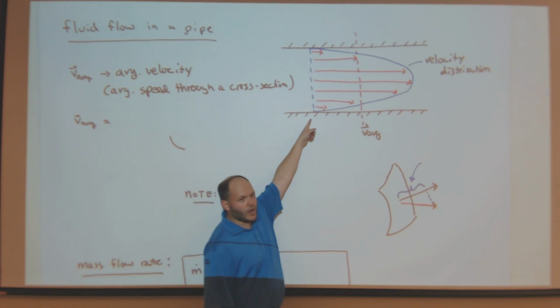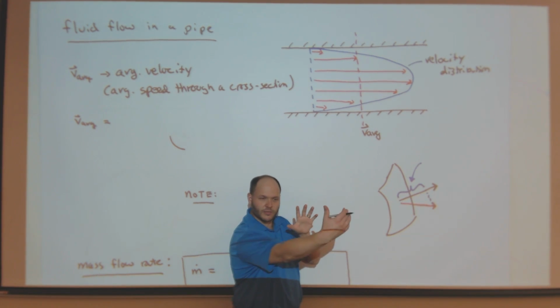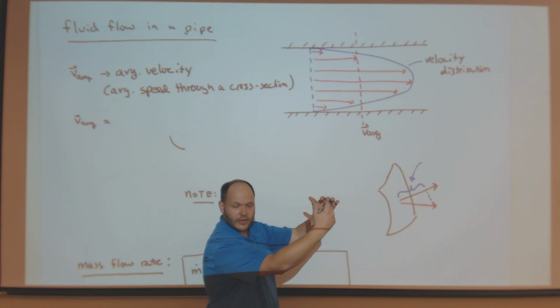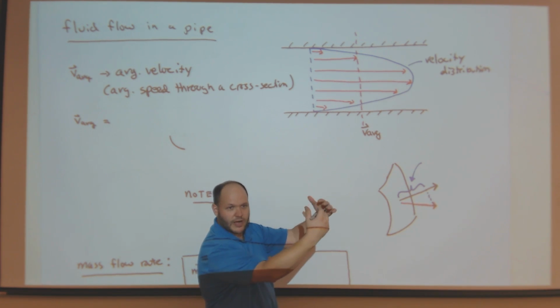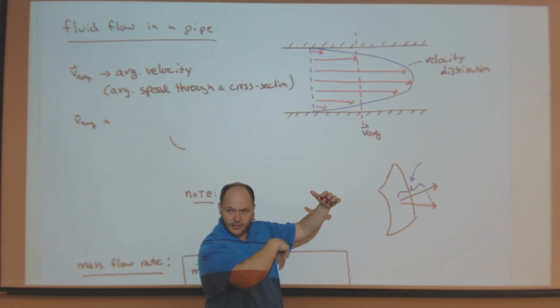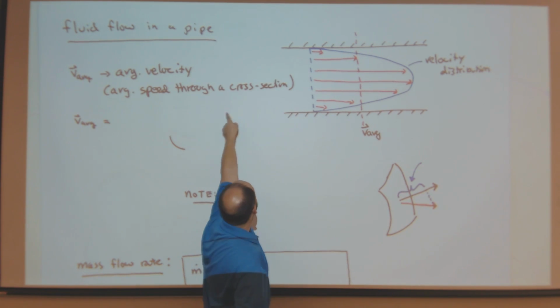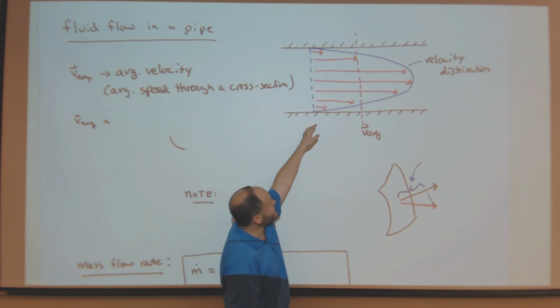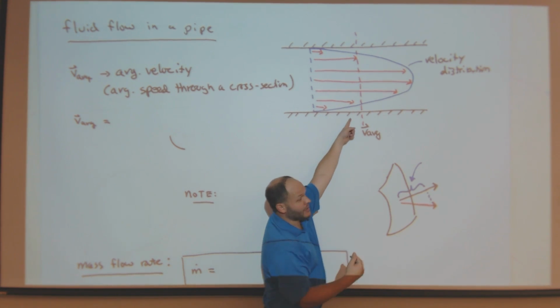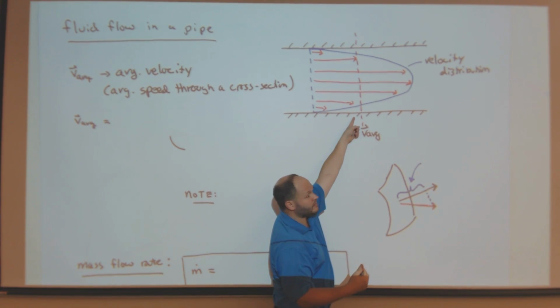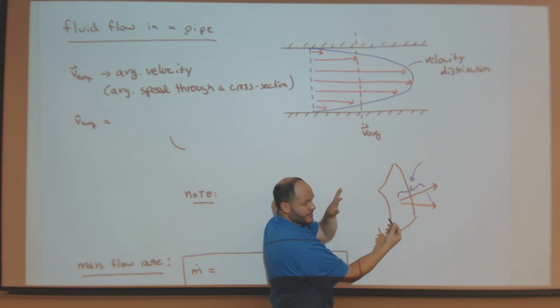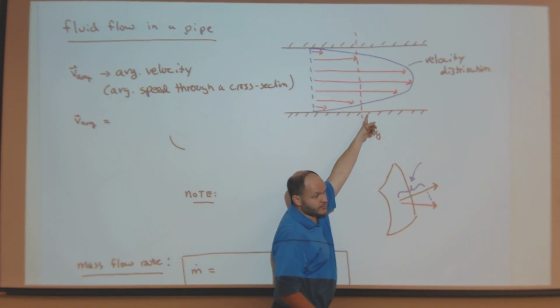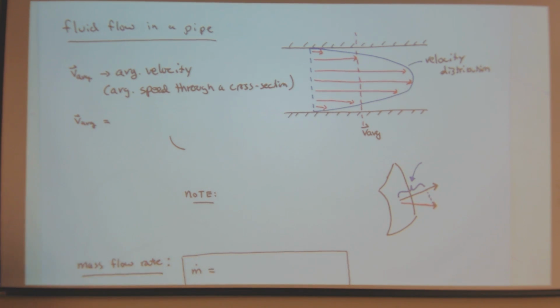So I haven't drawn it, but remember how I talked about a cross-sectional area? So if I have a given diameter, it has a radius, so pi r squared gives me that surface area. So average speed through a cross-section, so just imagine this being a pipe, right? And so I'd have average speed through a cross-section. So we're going to get to that.